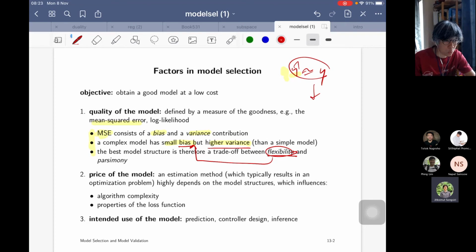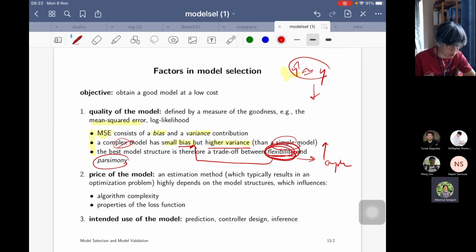So sometimes you need to trade off between simplicity and complexity. High flexibility means high complexity, or you may prefer something simple, something parsimonious, which means something requiring only a few parameters in the model. That's the first aspect of choosing a model.